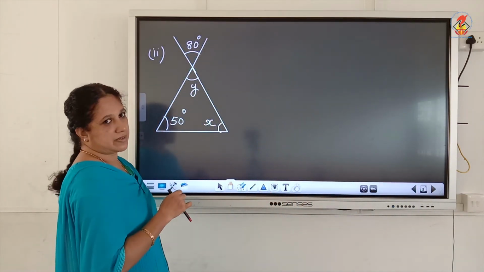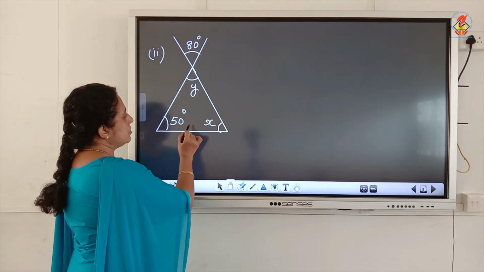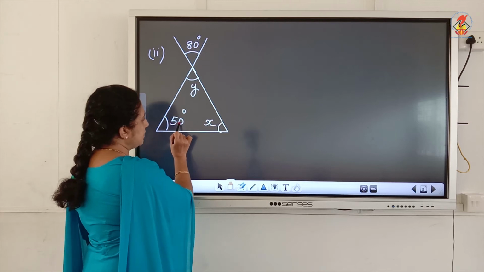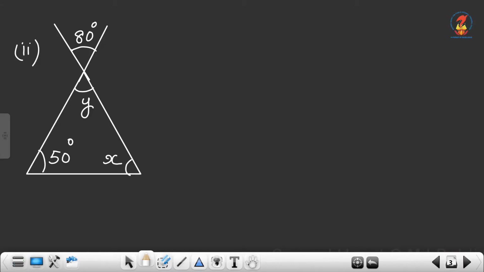Now second question. Here also we can see a triangle and the interior angles are 50 degree, x and y, and here also the two sides are produced and you can see an angle 80 degree. Now what is the value of y?